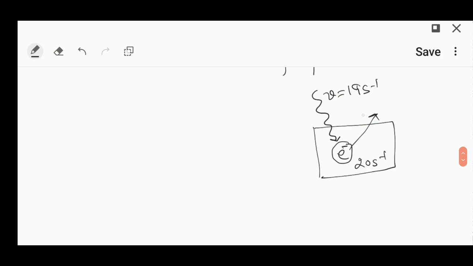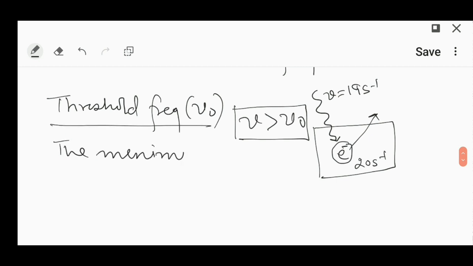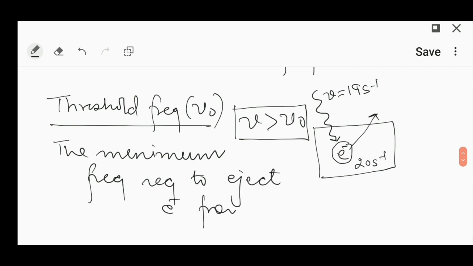So to remove the electron, the frequency of incident radiation must be greater than the threshold frequency. So what is the definition of threshold frequency? The threshold frequency is the minimum frequency needed or required to eject an electron from a metal surface.